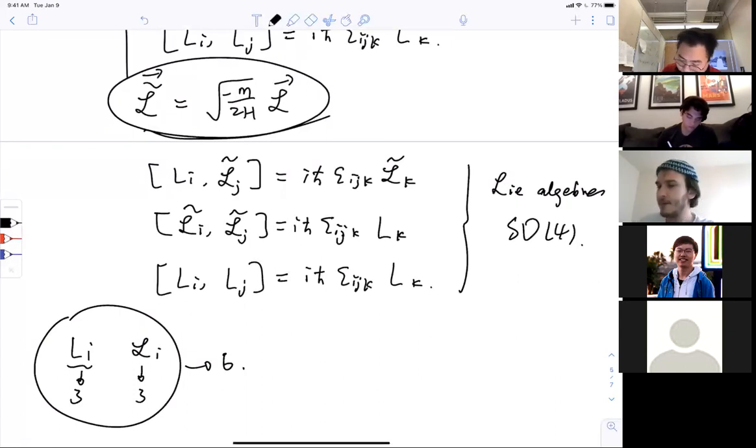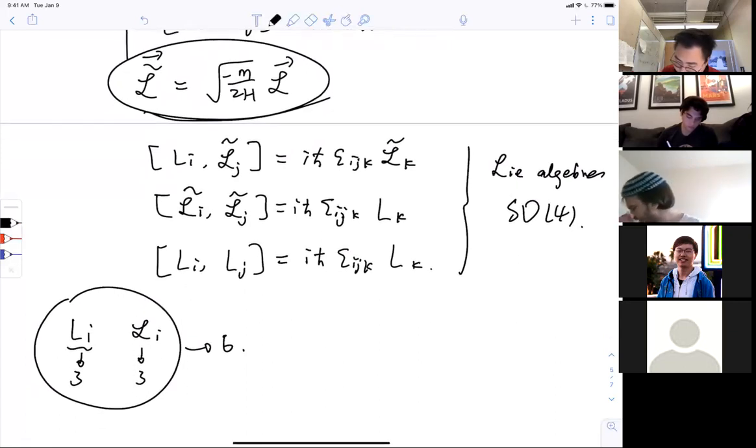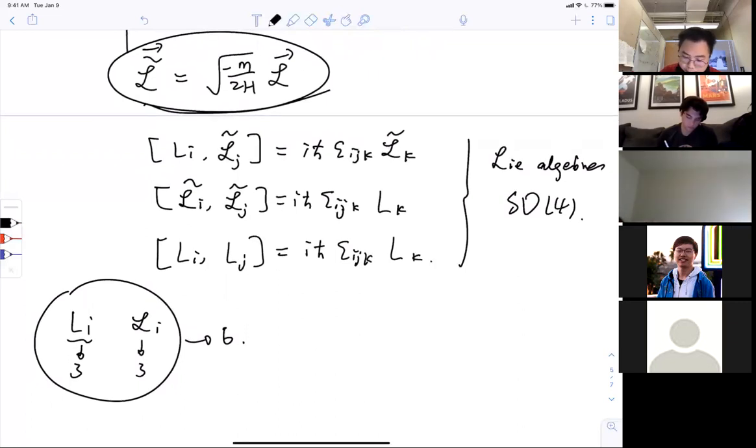I would say this is not obvious. There are some steps. Of course, you can just look up the algebra of SO4, then compare with this, and then you realize that this is just the algebra of SO4. But if you don't know that, then it's totally not obvious. There are some steps.